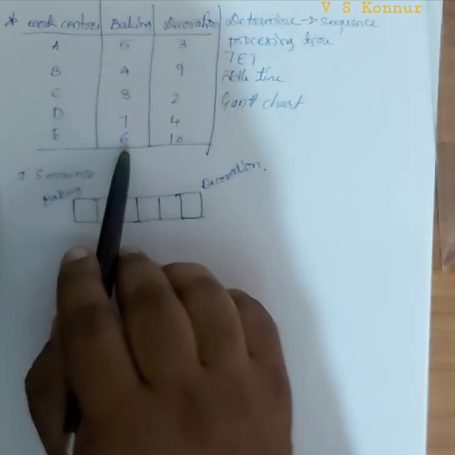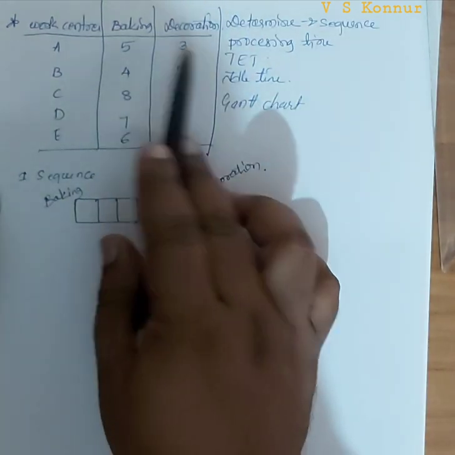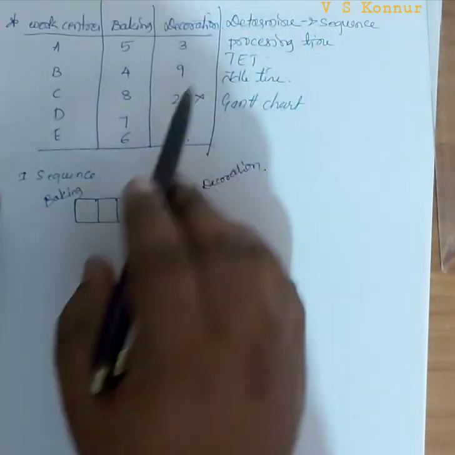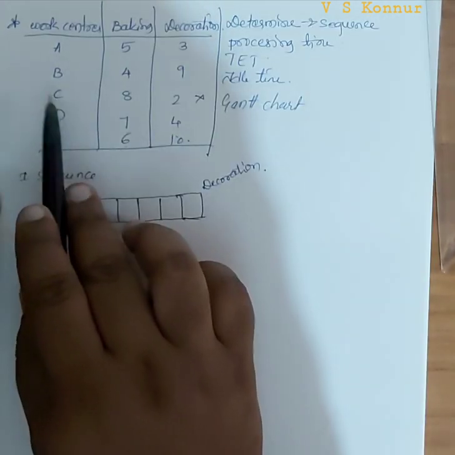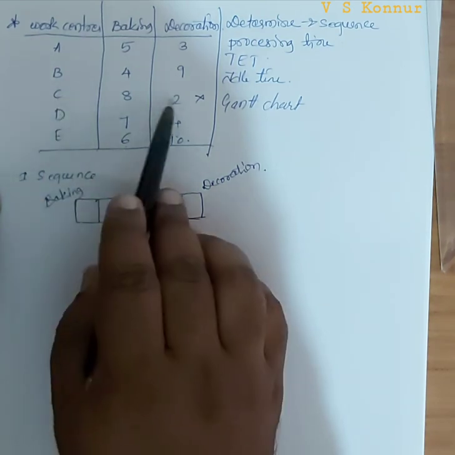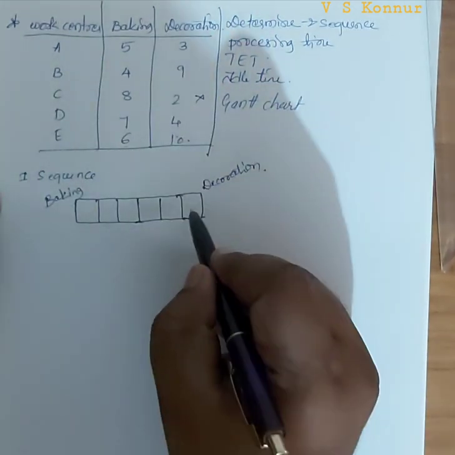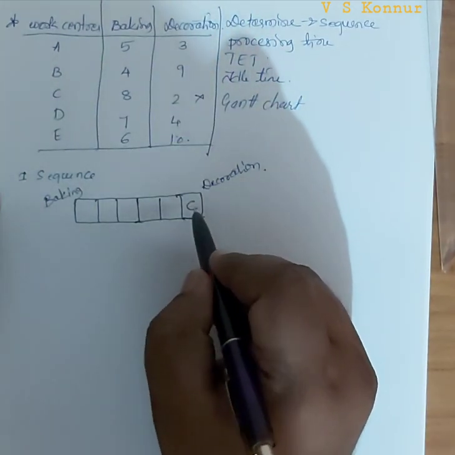Now, the least time you have to take at the beginning. 2 is the least and 2 is having sixth job. C is the job, sixth job at decoration. C at decoration.